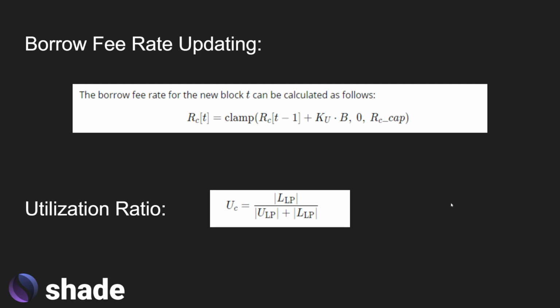And this value for the borrow fees is, in quotes, clamped between 0 and whatever the max borrow fee is. We would not have a negative borrow fee, which is why the value is minimized at 0, and it is maximized at whatever we set our max borrow rate to.